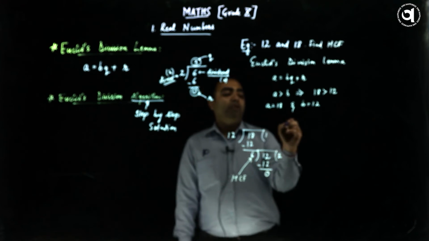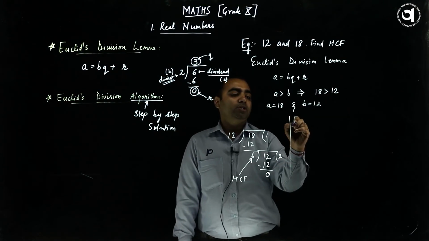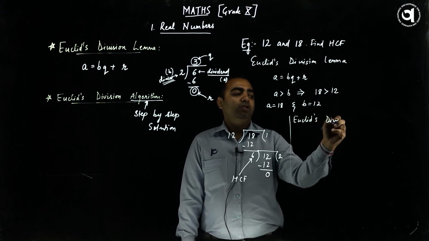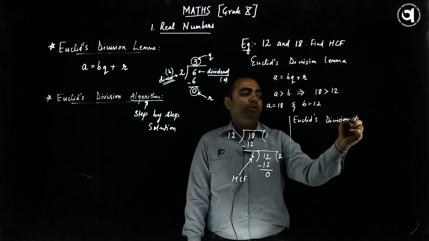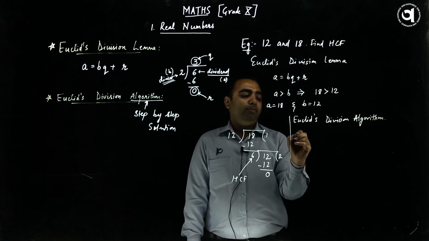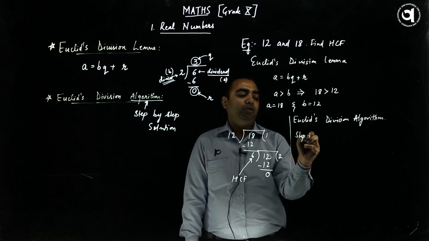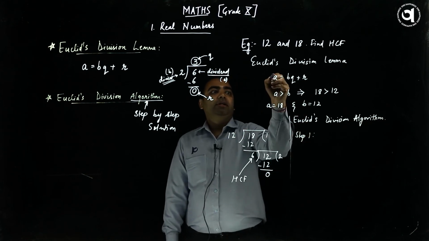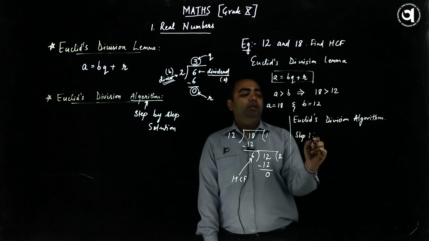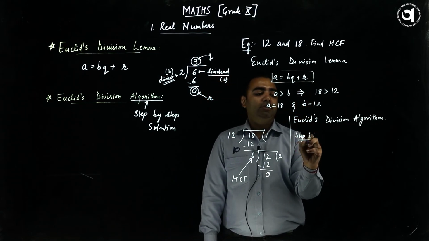But now how to write it in the form of Euclid's division algorithm? Say for example, we can write it as step 1. Here you can see this is the division lemma, and we need to apply the same rule in step 1.